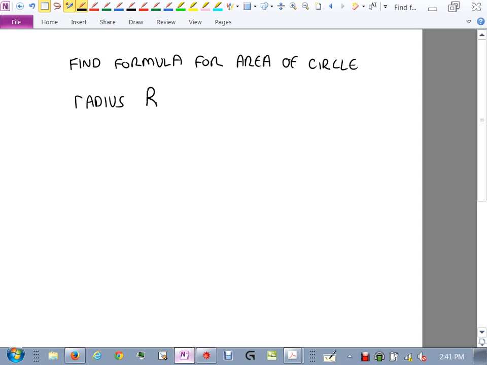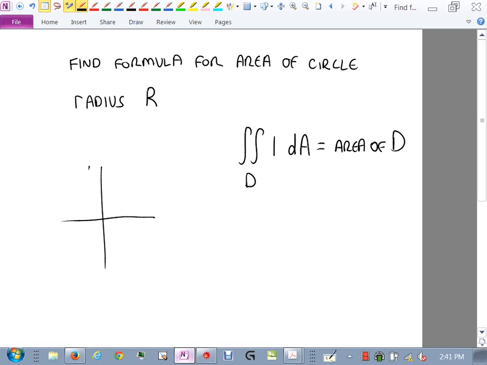Now, remember that what we said in the previous section is that if you do a double integral over D of 1 dA, what does that give you? It gives you the area of D, doesn't it? So let me draw what I'm trying to find the area of right now. It's a circle of radius R, right?